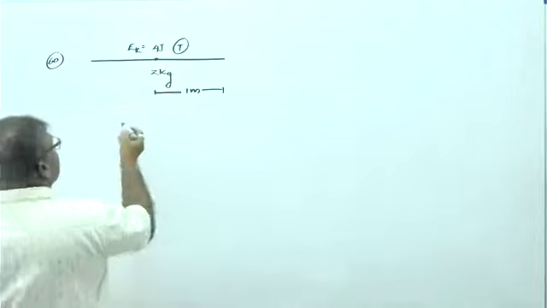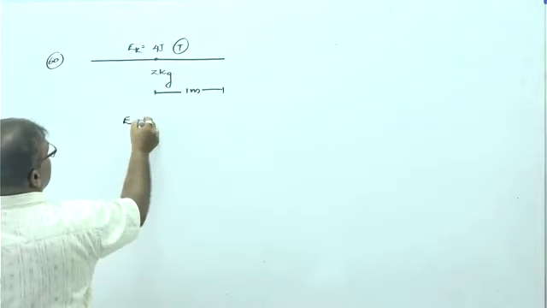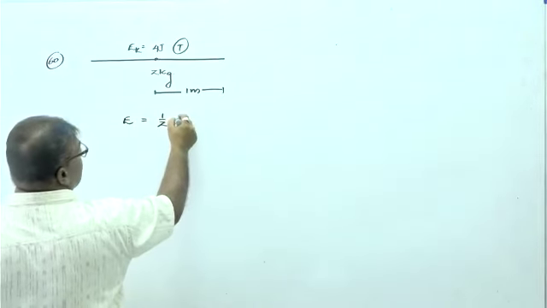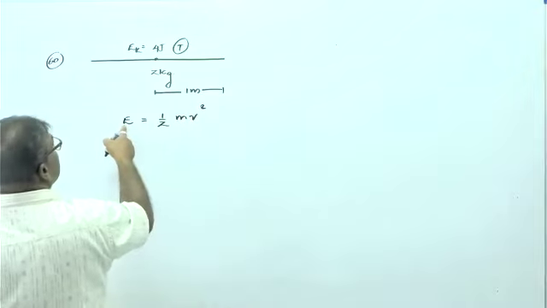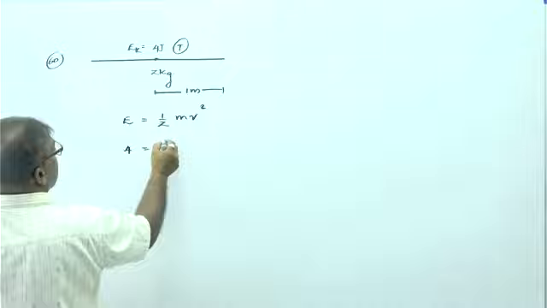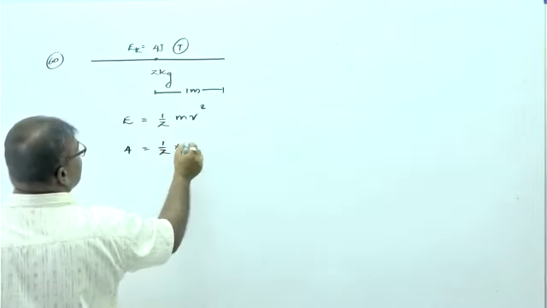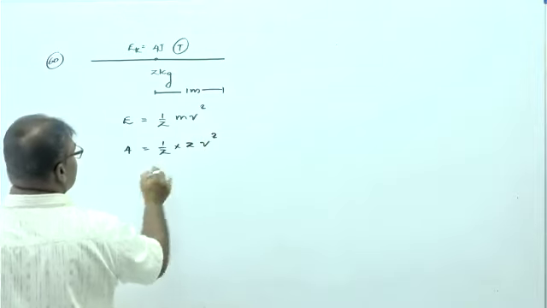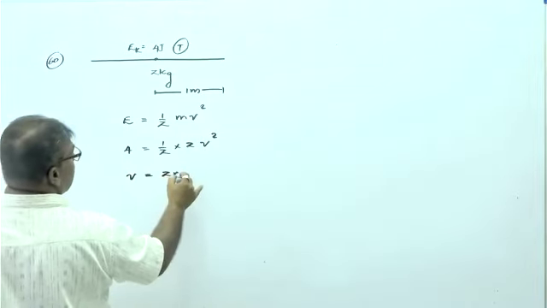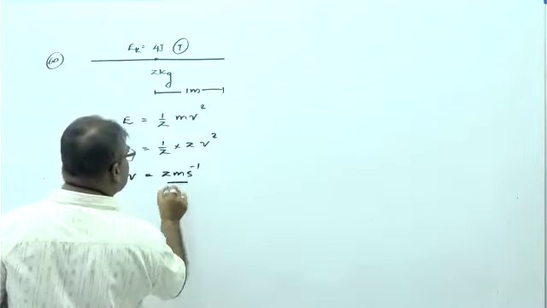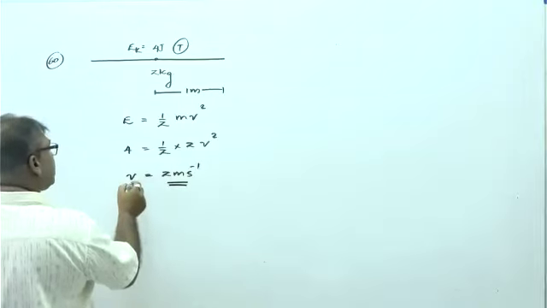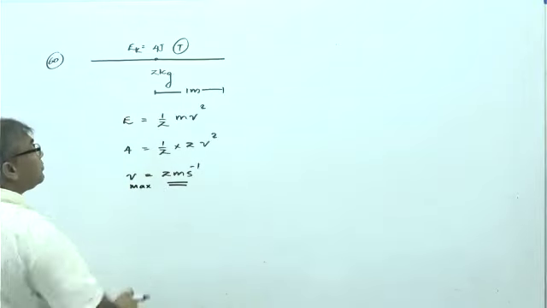Kinetic energy at the center of oscillation equals half mv squared. E becomes 4, mass is 2, velocity is 2 m/s. This velocity is the maximum velocity of this simple harmonic motion.